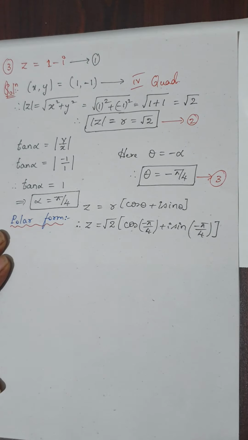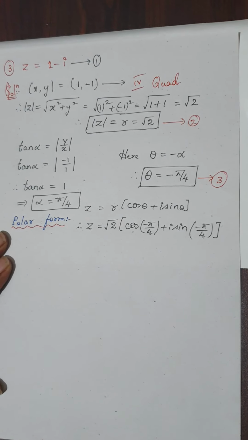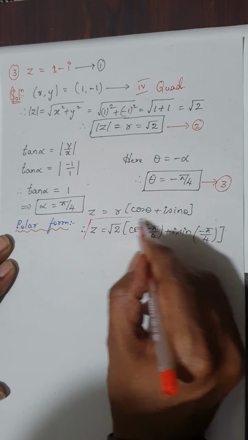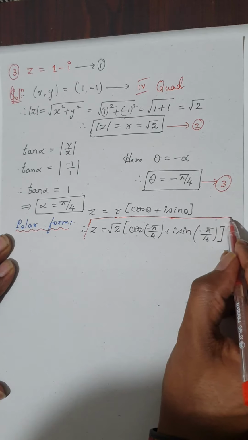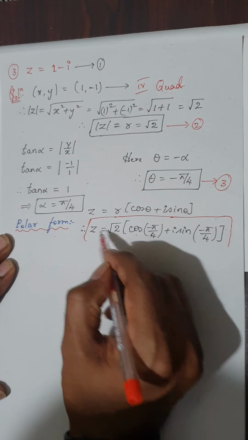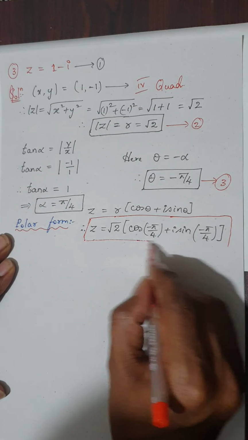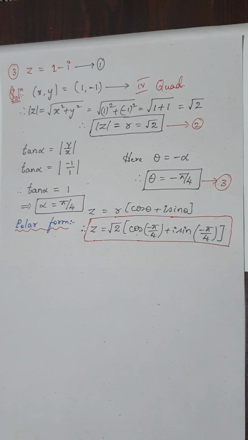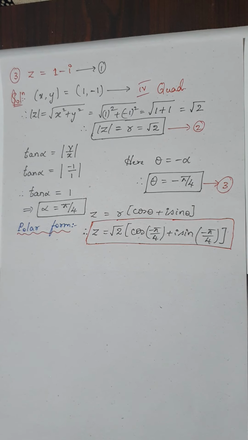So this will be my final answer. Okay. Very simple exercise these are, because I think you can expect one such question in your exam. Important questions this is, finding the polar form of the given complex numbers. Okay, fine. So that's it with question number 3. Let us take up the next one.